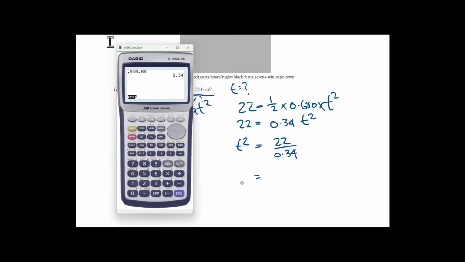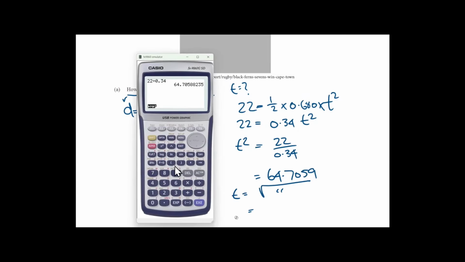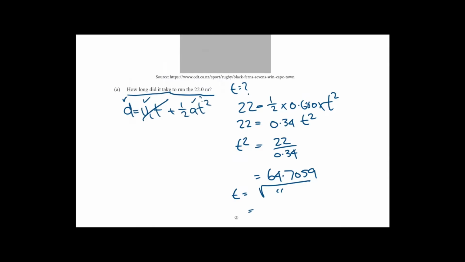Here comes the calculator again. 22 divided by 0.34 is 64.7059, and T is going to be obviously the square root of that number. So I'm going to raise that to the power of half, which is the same as the square root. And it takes 8.04, we'll say 8.044 seconds. And that's the first question.